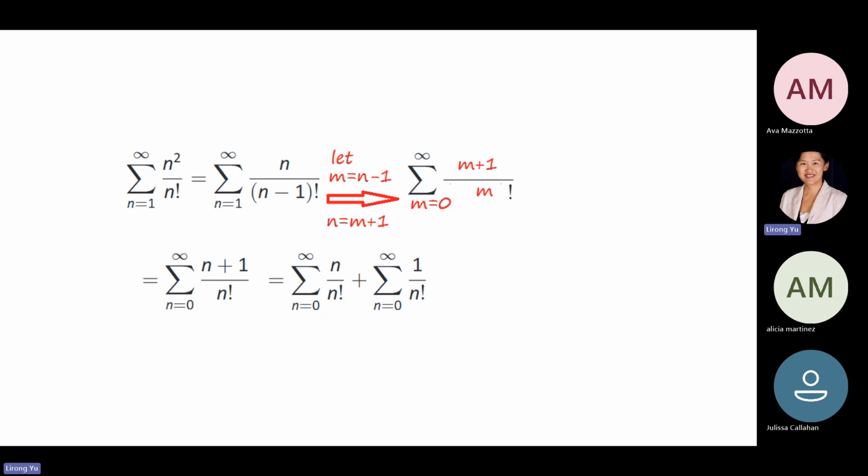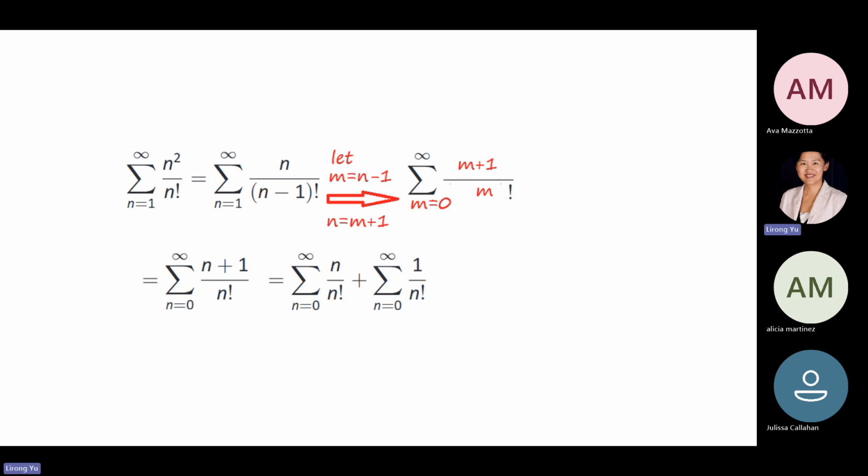So m switches to n, and you can see everything is consistently the same. But without the change of variable, it's hard to trace back the reasoning. So I added this extra explanation to explain why this one is equal to this. So you have to switch to a new variable and then switch back, because which letter you use doesn't matter. What matters is the calculation. Any question?